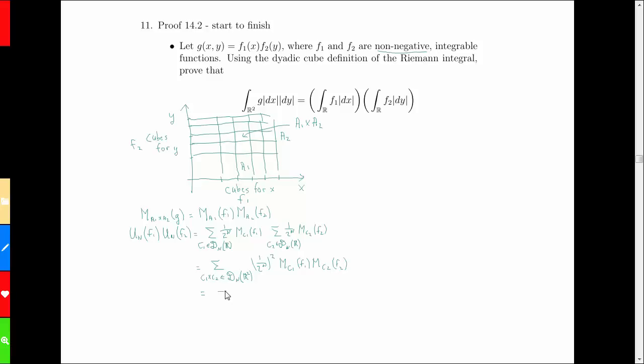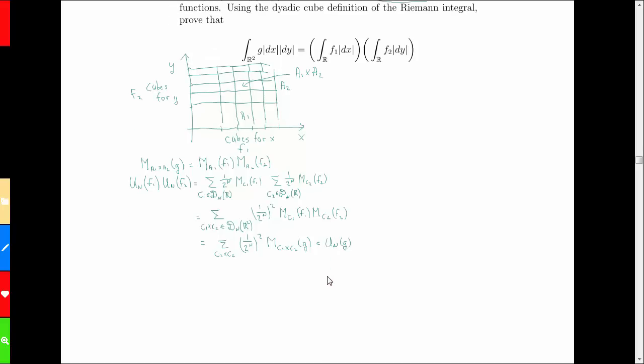or if you prefer, I'm summing over these Cartesian products the volume of a cube, that is the area of one of those little squares, times the supremum over that square of G, and that's exactly what I mean by the upper Riemann sum for G. That was tedious enough.